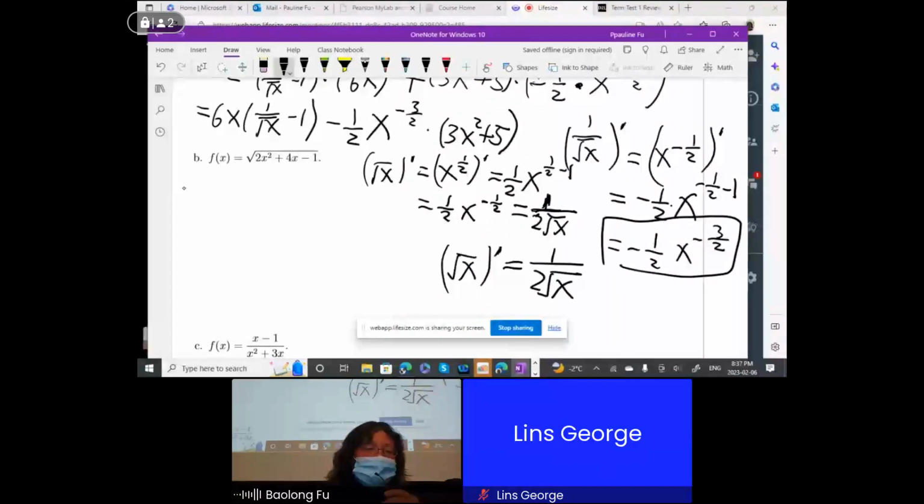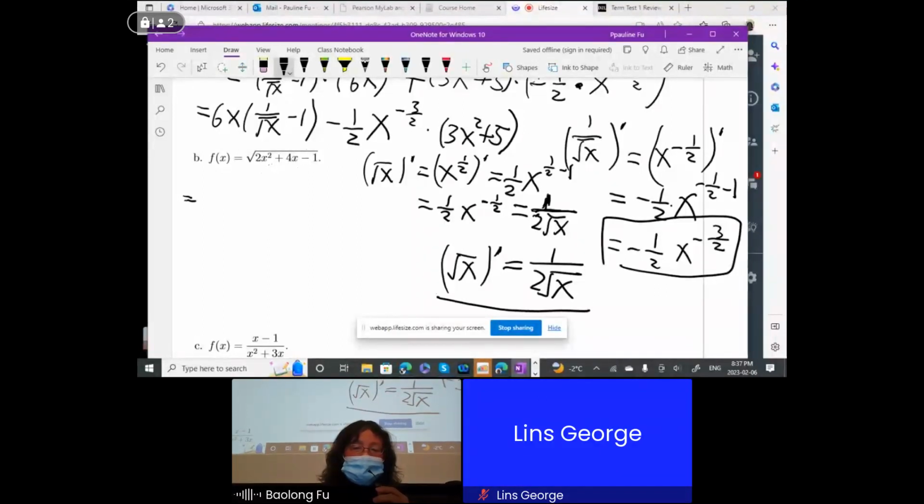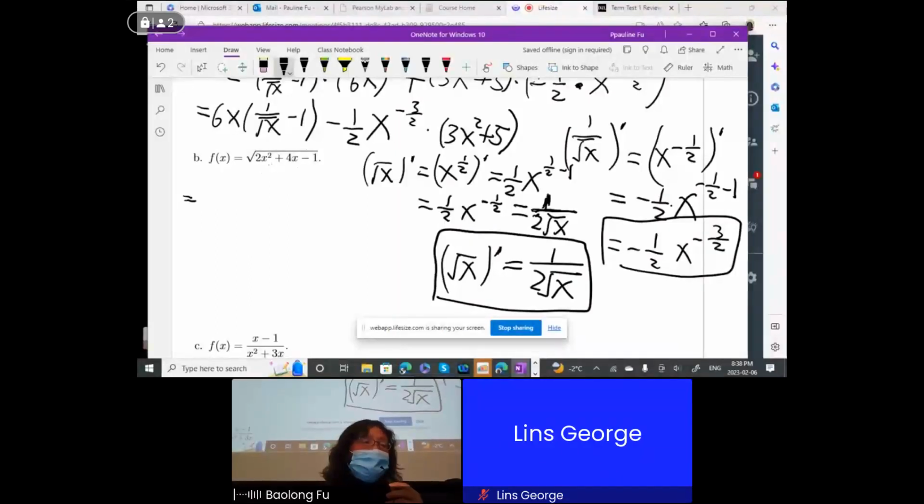Okay, so for B you need to apply the chain rule, because this is the square root of a polynomial. It is not just the square root of x. So first, apply this formula. What is the derivative of a square root?